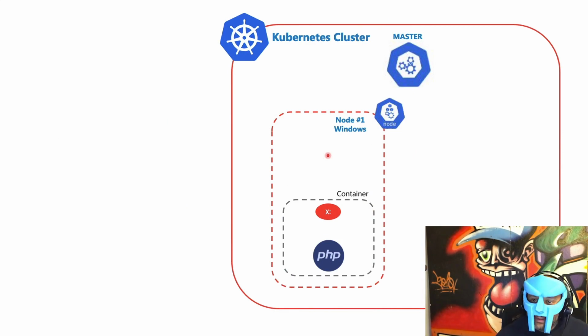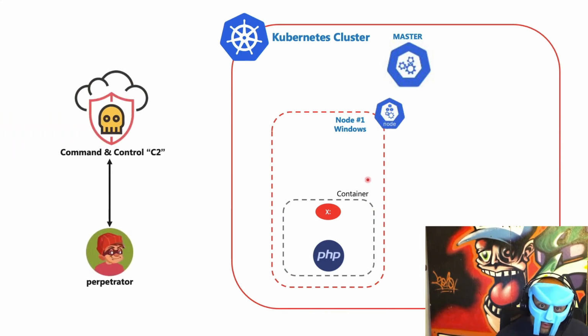Hope they're not mad. So here I have my Kubernetes cluster with one node, one Windows node, and I have my attacker, and my attacker has his command and control server already set up. Now, he finds some vulnerability in your server, and he achieves remote code execution inside the Windows container using this known vulnerability, or like a vulnerable web page, or database, or Microsoft Exchange, or whatever.